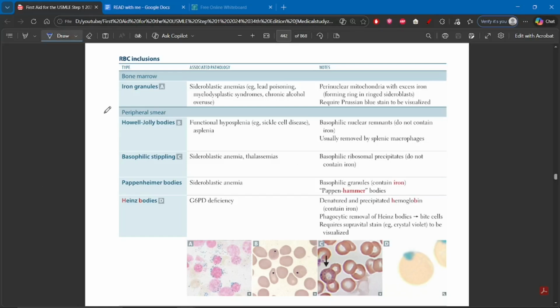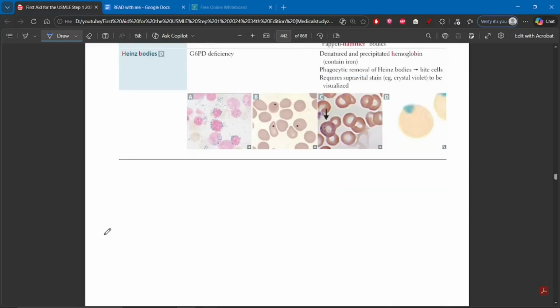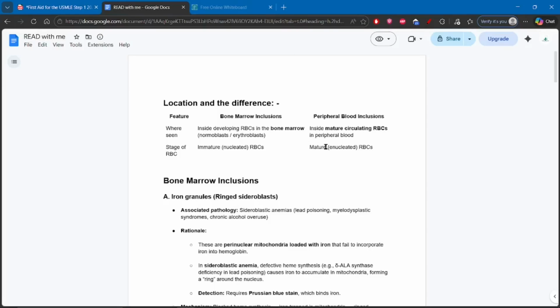Enucleated means no nucleus. That's what enucleated means. That is a word that is used for the lack of nucleus.